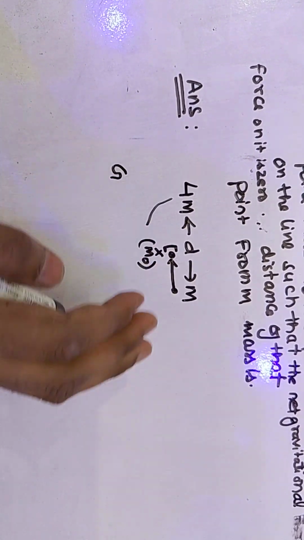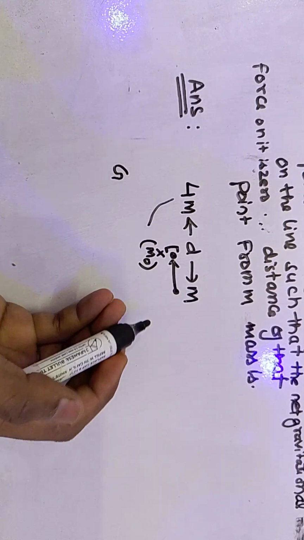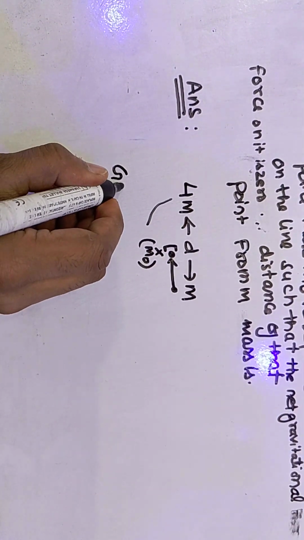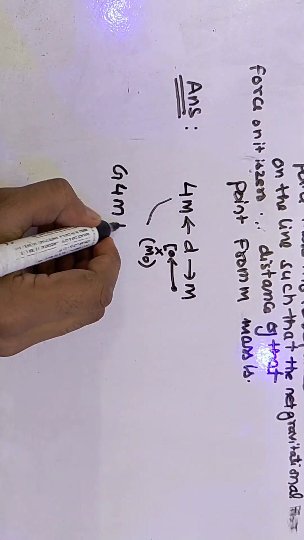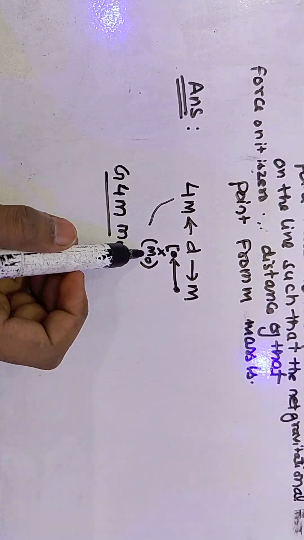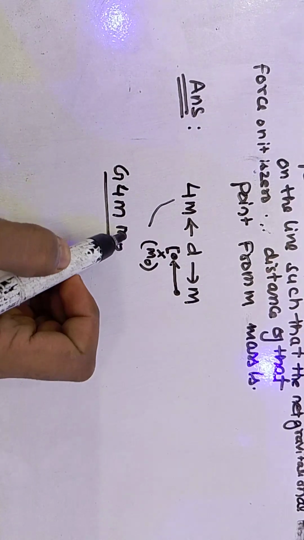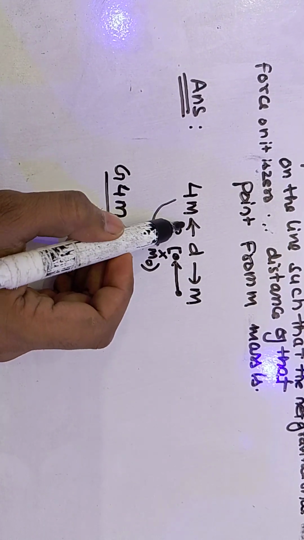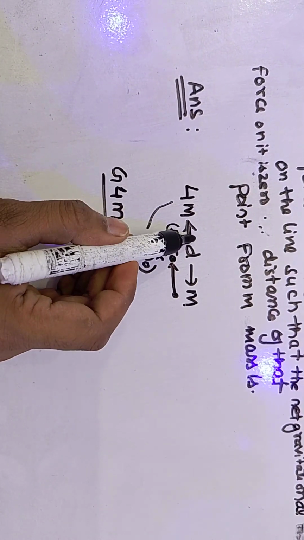So if the net gravitation is 0, we will say this gravitation equals this gravitation, meaning 4 G m m0 by p square, let's say this distance is p.